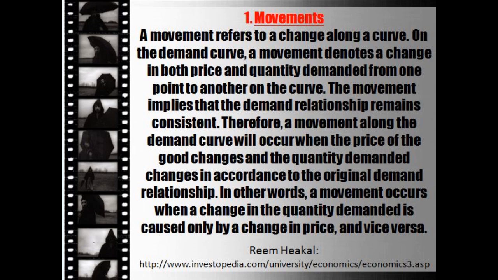Therefore, a movement along the demand curve will occur when the price of the good changes, and the quantity demanded changes in accordance with the original demand relationship. In other words, a movement occurs when a change in the quantity demanded is caused only by a change in price and vice versa.